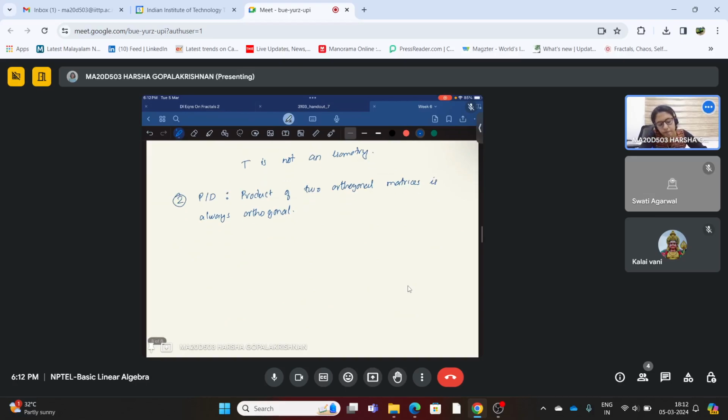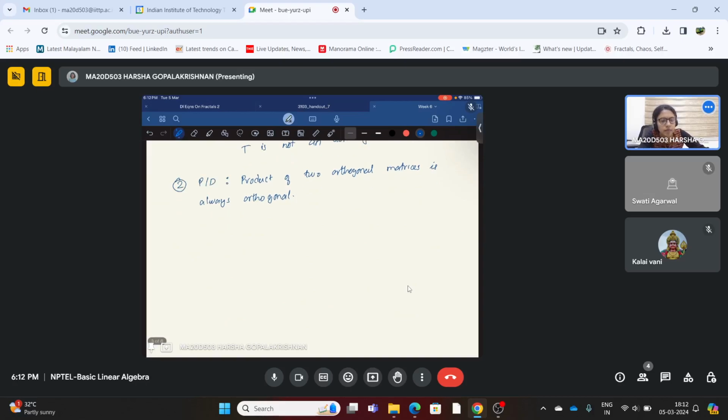So, what is the definition of an orthogonal matrix? If A is orthogonal, what is the condition? A is orthogonal if A into A transpose equals identity, which is the same as A transpose into A. That means the inverse of A is nothing but A transpose.